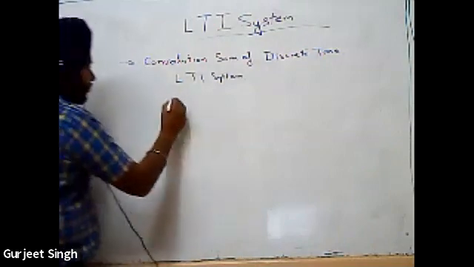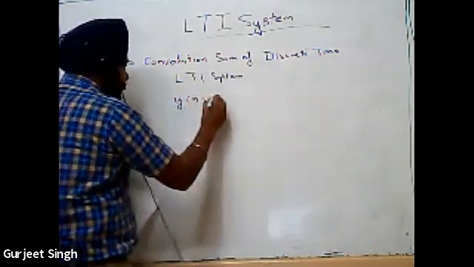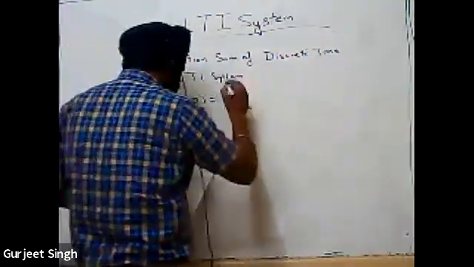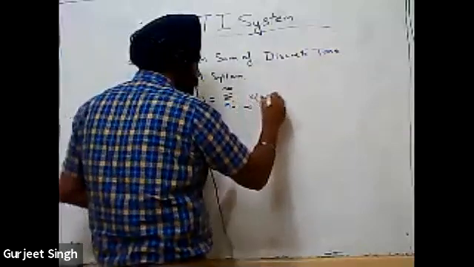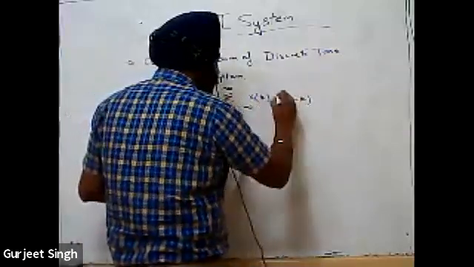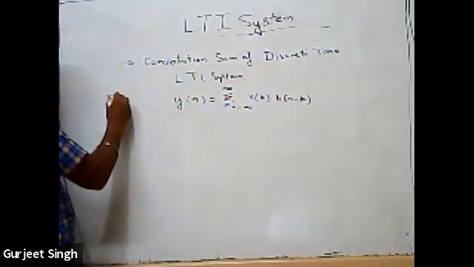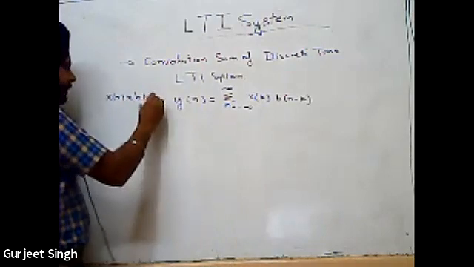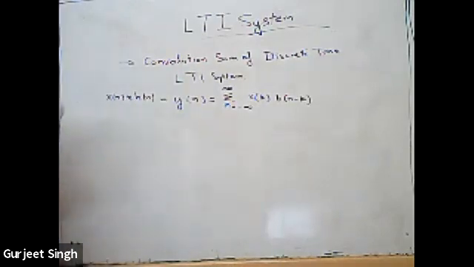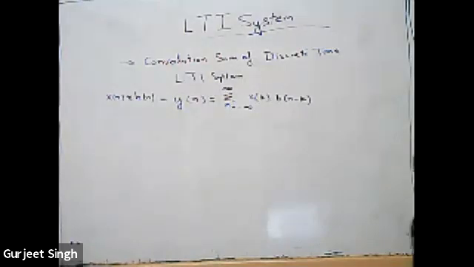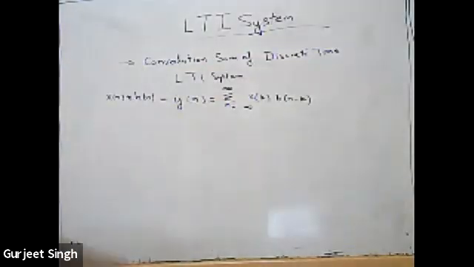We denote this as y[n] is equal to summation k equal to minus infinity to infinity x[k] h[n minus k]. So we have this equation, x[n] convolution h[n], that is y[n] equal to summation k equal to minus infinity to infinity x[k] h[n minus k].